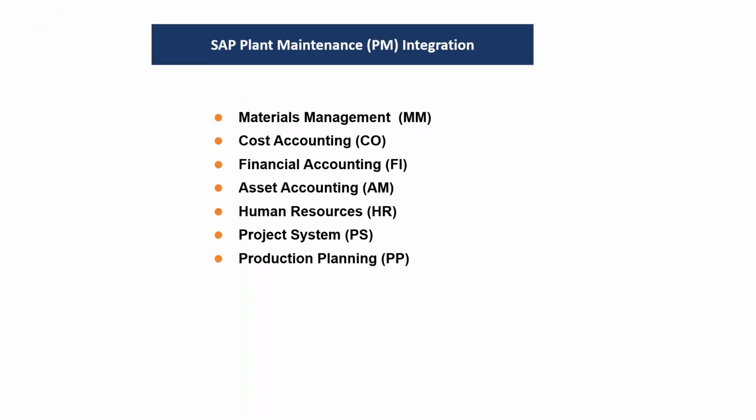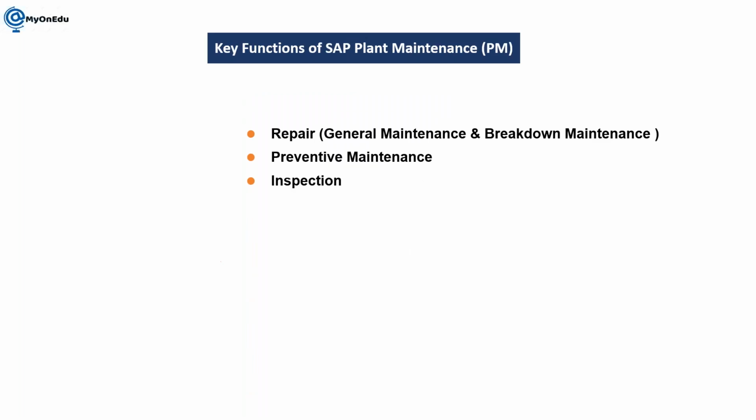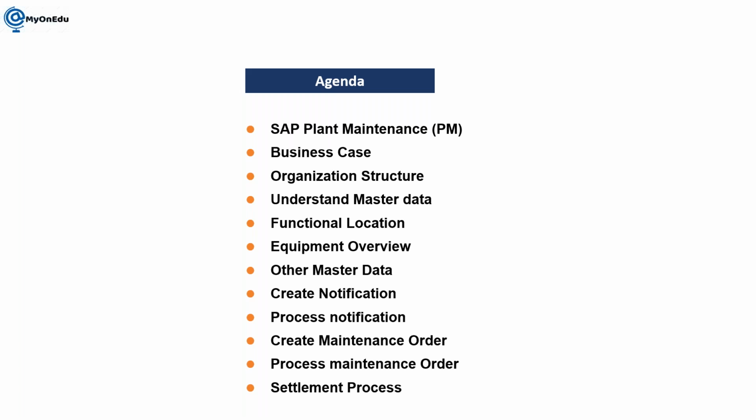So here, this is my primary PPT, which will focus on understanding the complete process. Out of all the topics I have taken here, I'll cover a few steps: what is SAP plant maintenance, some business cases, the organization structure, and then the master data required for the plant maintenance process, focusing on functional location, equipment, and other master data.